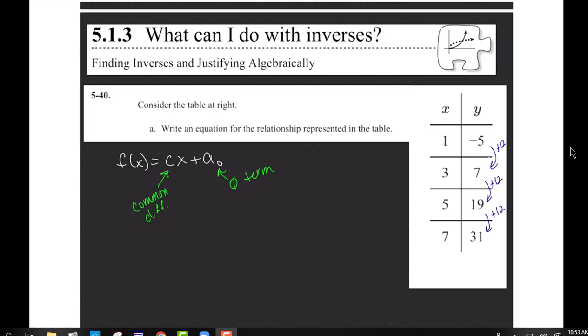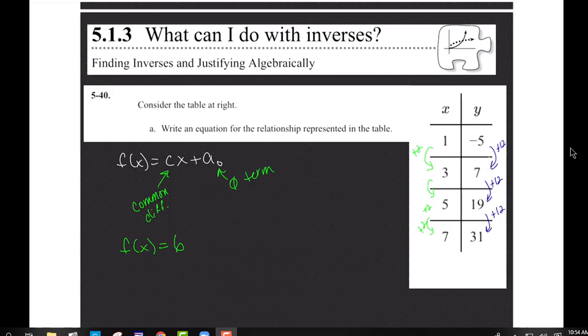When we look at our table, it looks like we are increasing every time by 12. But when we look at our x's, we're going up by 2. To figure out our common difference, we want to only go up by 1. So if it took us 12 to go up by 2, how much to go up by 1? 6, right? So f of x, our common difference, how we get from one term to the next, is 6.